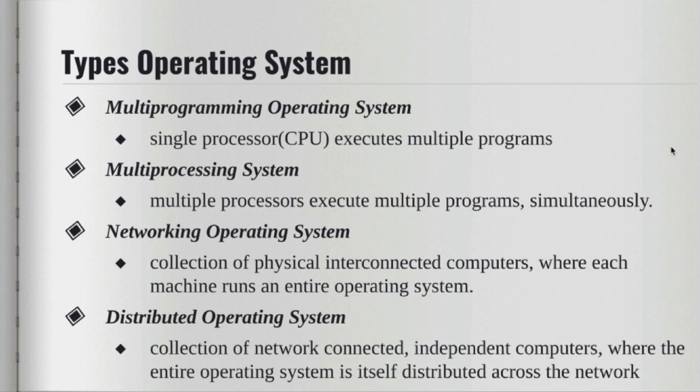So the key difference between the network operating system and distributed operating system is that in network operating system, each system runs an entire operating system. However, in distributed operating system, the entire operating system is distributed across the network, and each of the independent computers are connected through a network.